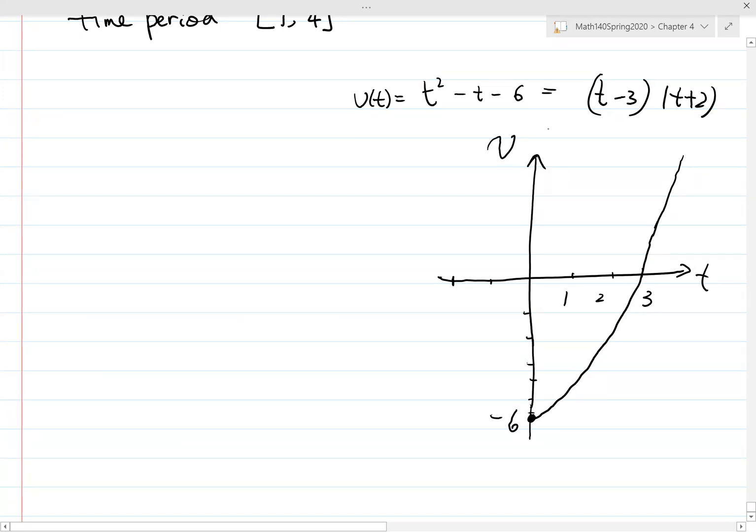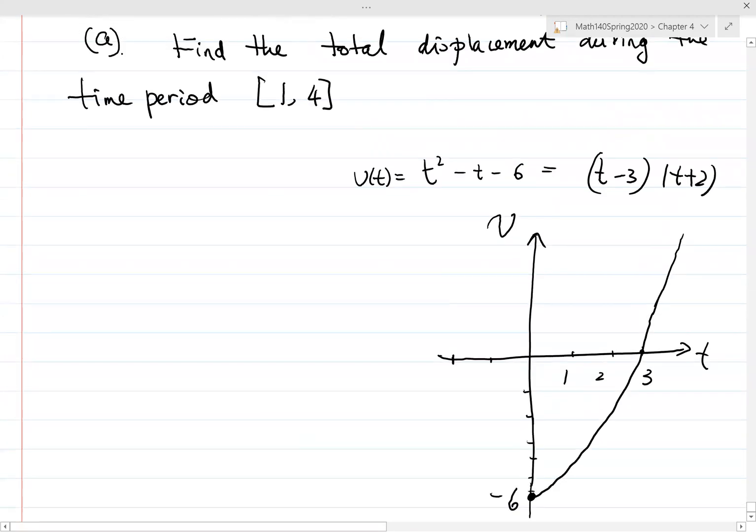Now you see the velocity from t equal to 0 is negative, and the velocity keeps being negative until it changes direction at 3. Suppose the particle's starting point, the initial position, is here. Let's choose it to be 0 on the x-axis.